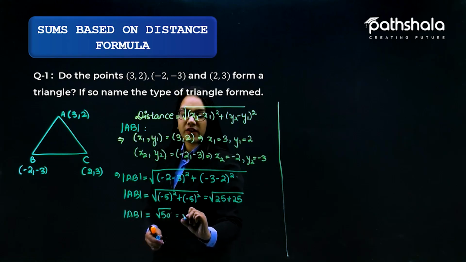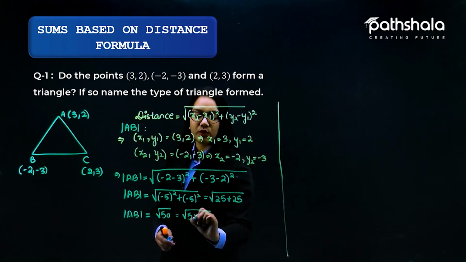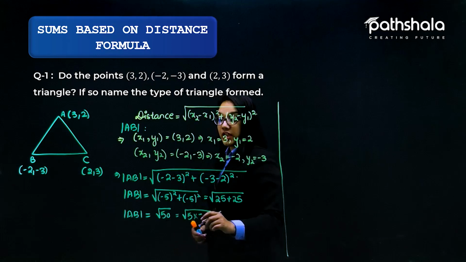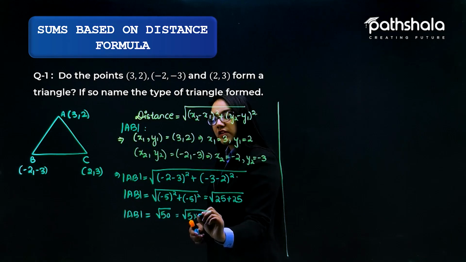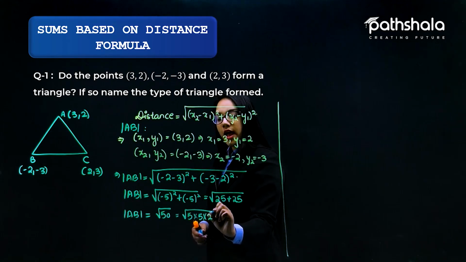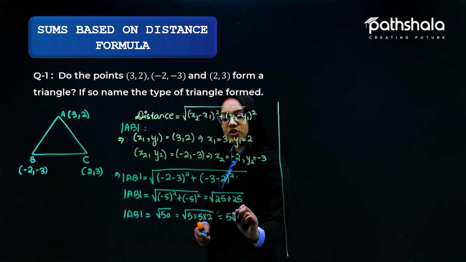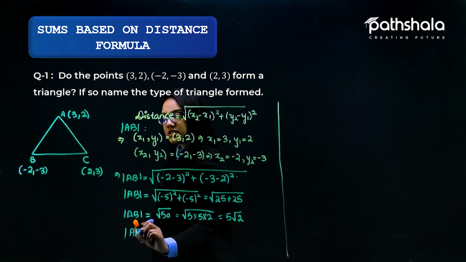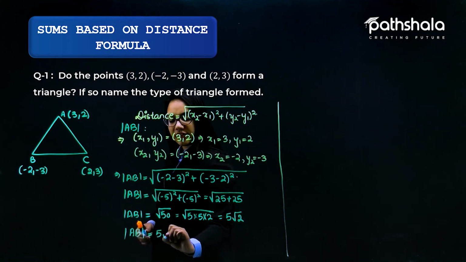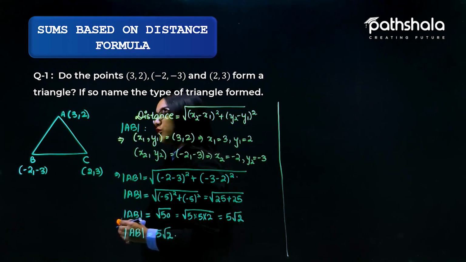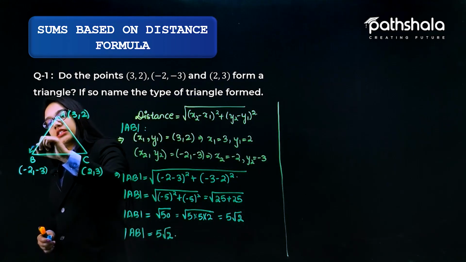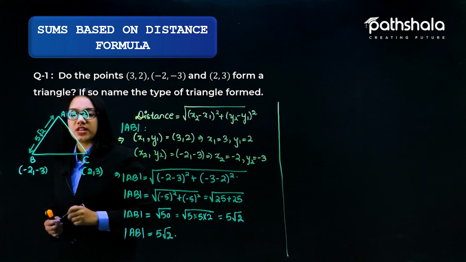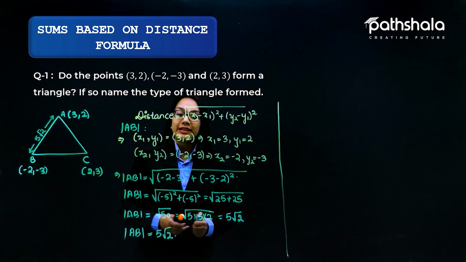We can write it as 5 into 5 into 2, and furthermore as 5 root 2. So the distance AB is 5 root 2. Let's talk about the further distances, that is BC and AC.